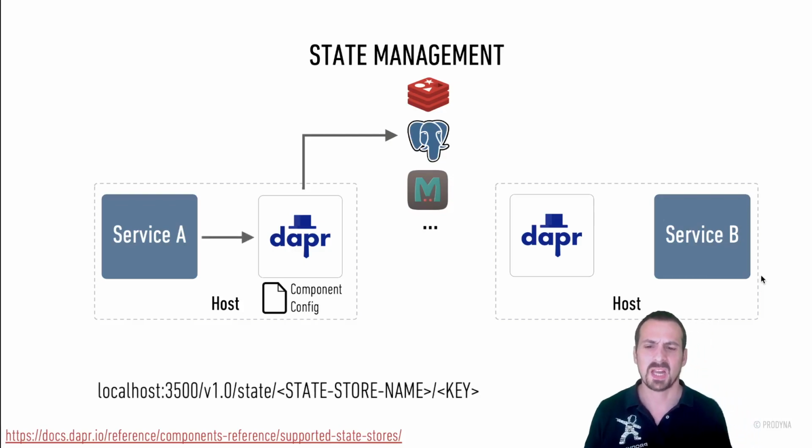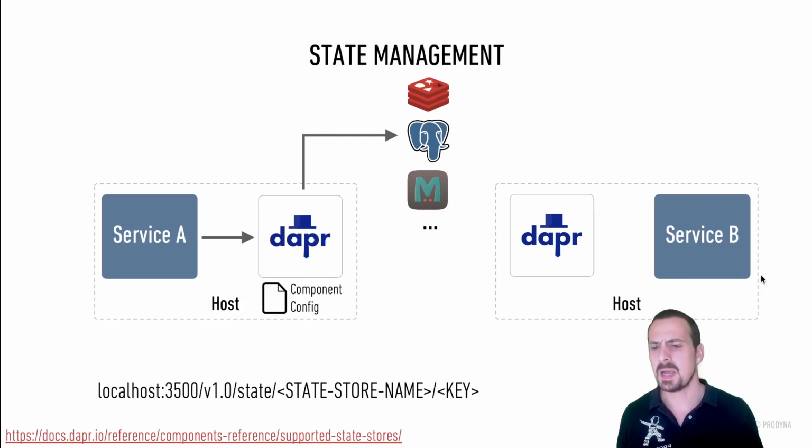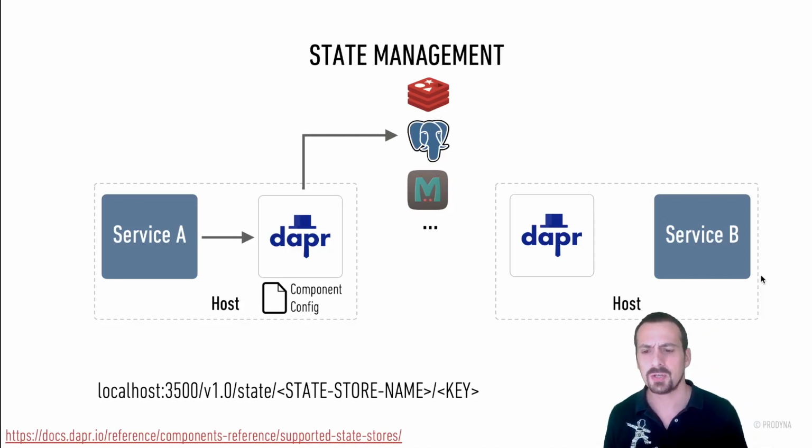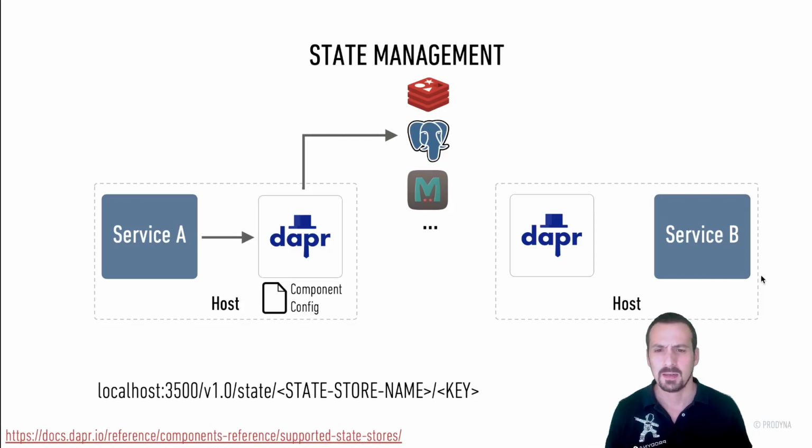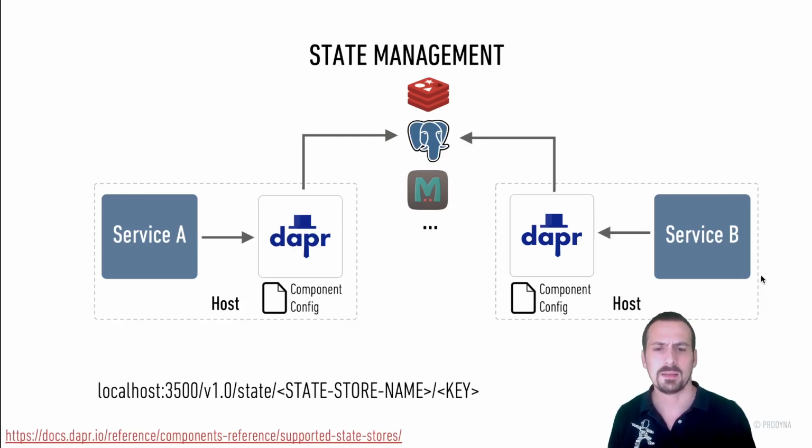My service can now simply say, hey, I want to store state information in my state store with the key whatever. It's a key value store. And on the other side, I can simply consume this key. Both my services only call a REST endpoint. They have no clue what implementation of a state store is behind it. It could even be different environments using different implementations, completely transparent for my application.